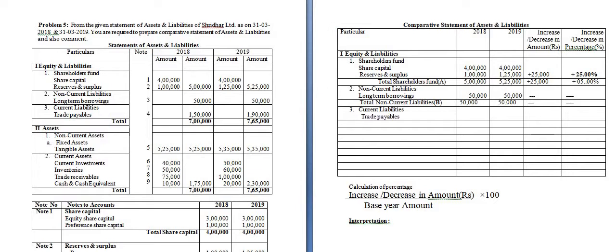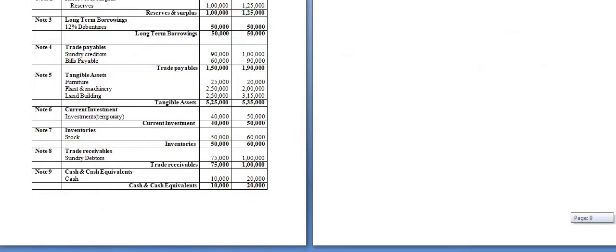Now check out the details of trade payables in note 4. Trade payables include sundry creditors of rupees 90,000 for 2018 and 1 lakh for the year 2019, and bills payable is 60,000 for the year 2018 and 90,000 for the year 2019.